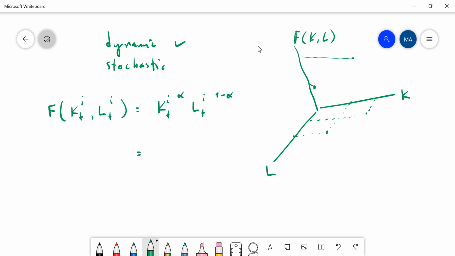You can now introduce technology shocks. Suppose that there is this term, let's say e to the epsilon t. Now, this is your production. Suppose that this term is distributed normally with zero mean and constant variance. So what's going on?